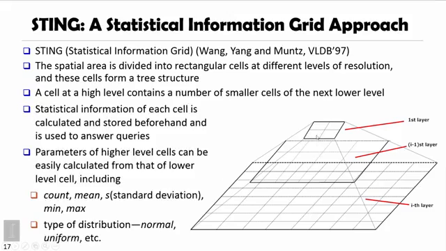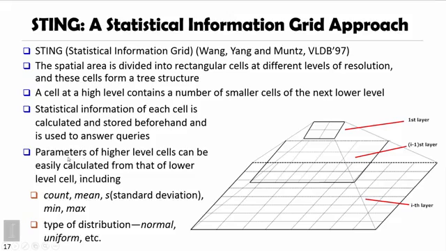What will the cell store? The statistical information of each cell is calculated and stored beforehand, and then can be used to answer queries. That means you can calculate the statistical information of the higher-level cells from the corresponding set of cells at the lower layer.